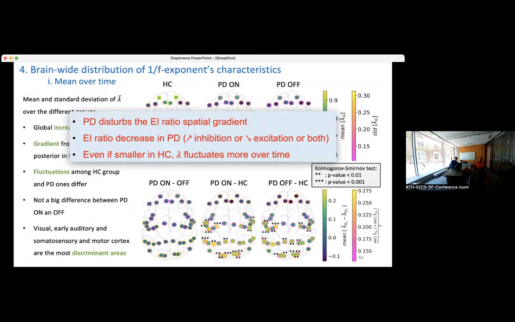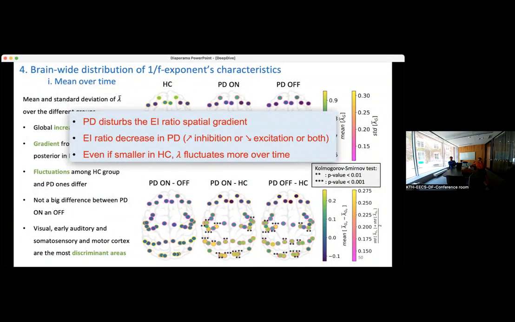So this lambda is associated with the EI ratio, so we have some disturbance of the gradient, and an increase of lambda means increase of inhibition or decrease of excitation, because we look at the ratio, or both of them.